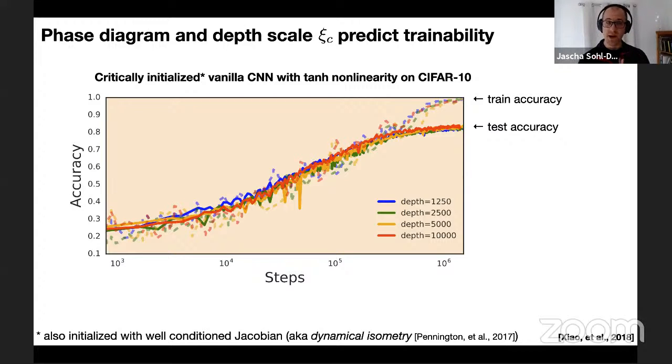By doing this, by initializing on the critical line, we were able to train convolutional neural networks up to depths of at least 10,000 layers with near identical train and test curves as we had for shallower networks. This is orders of magnitude deeper than has been achieved with vanilla convolutional architectures before this work.